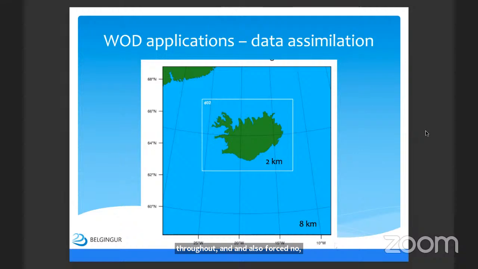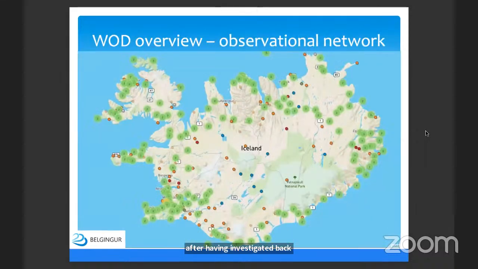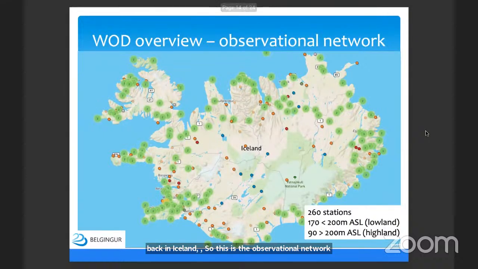Now, we introduced 3D VAR and 4D VAR data assimilation to the system about 5-6 months ago, after having investigated back in Iceland. So this is the observational network in Iceland. We have about 260 stations.